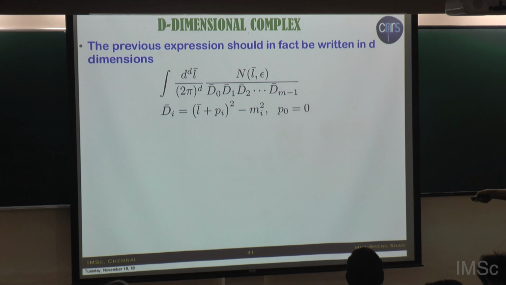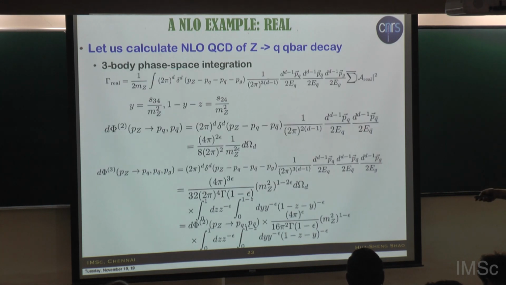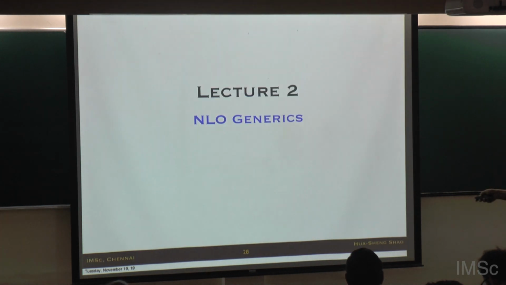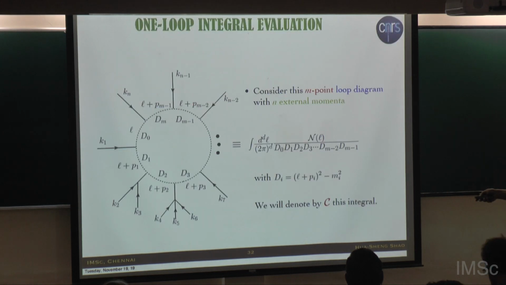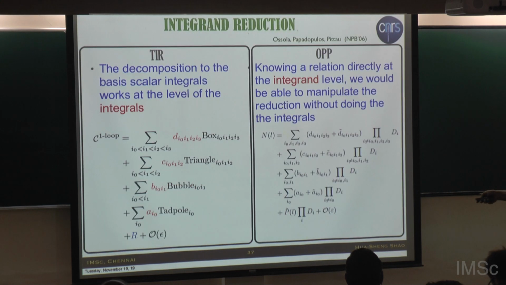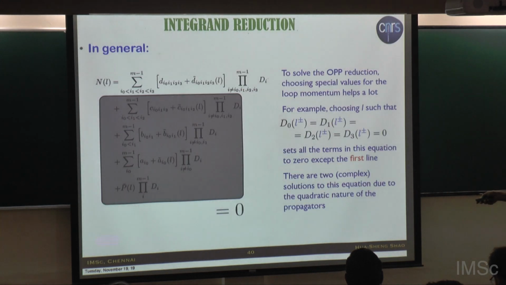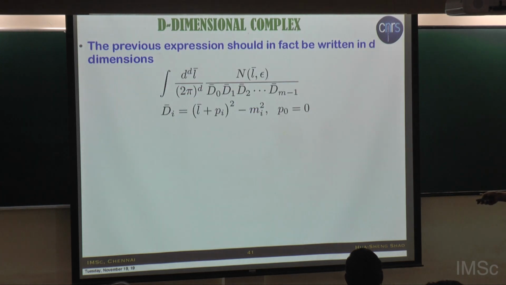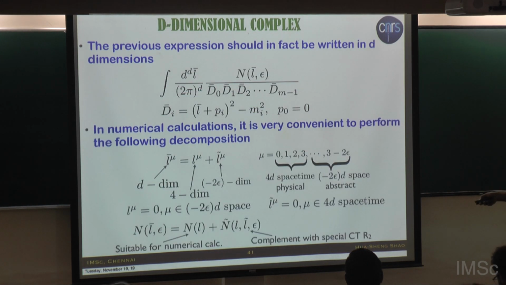We know that for the N of L dependent terms, you can do the integrand level decomposition as we already showed. The only task is to calculate the n tilde term, right?